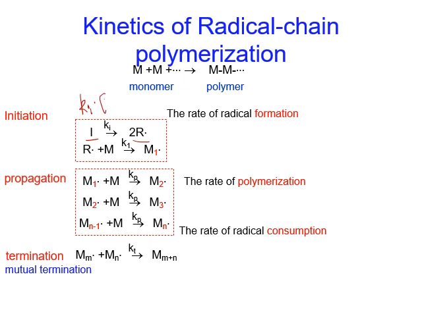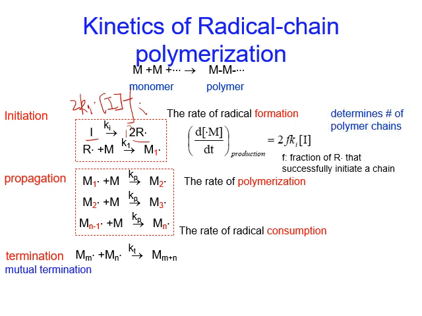Now because it forms 2 radicals, you need to multiply by 2 for the radical concentration change. And not all these radicals that form will initiate the monomers, there's a fraction, so you multiply by f, which represents the fraction of the molecules that will initiate radical formation. So that's the rate law for the initiation step.